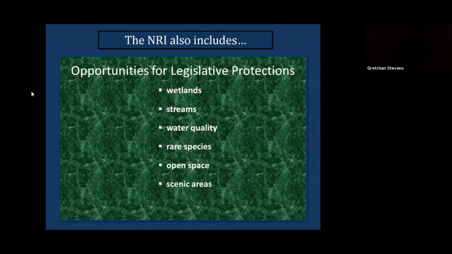But any number of other resources and natural features can be protected by local legislation if they are deemed to be important to the public health and welfare. Ingrid will be talking about these and other means of resource protection in a few minutes.